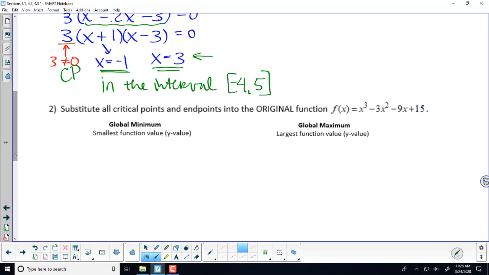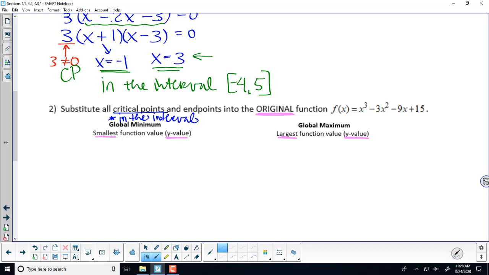So we substitute the critical points that are in the interval. That's a key. Huge. Critical points must be in the interval, into the original function. You're trying to find the y coordinate because you want the smallest y value and the largest y value. Those will be the highest and the lowest points.